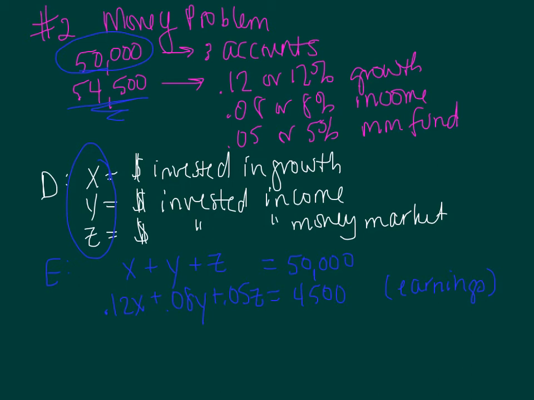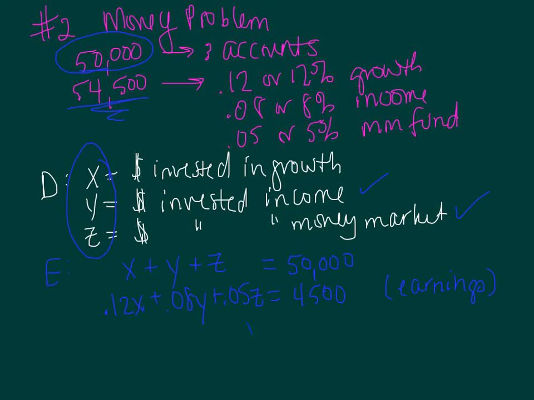We have 2 equations written. We have 3 unknowns. We need 1 more equation. That's when we go back to the original problem and they say they invested twice as much in the income fund as they put into the money market fund. So the only 2 variables that are going to show up in this equation are Y and Z. Whenever I write these comparison equations, I think about which one had more money in it.